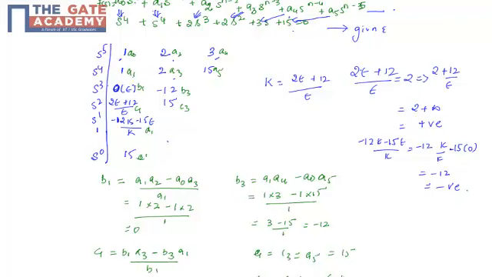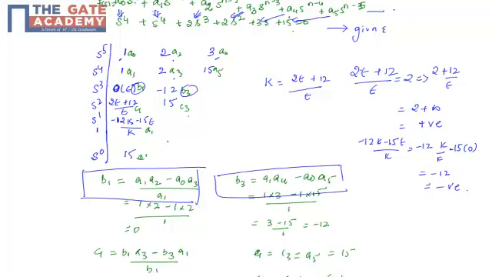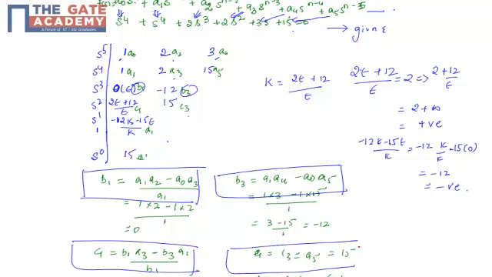In order to find B1, B3, C1, C3, D1, E1, we have the formulas. B1 is equal to (A1 A2 minus A0 A3) by A1, and in the same way we have the equations for B3, C1, C3, E1 and D1.